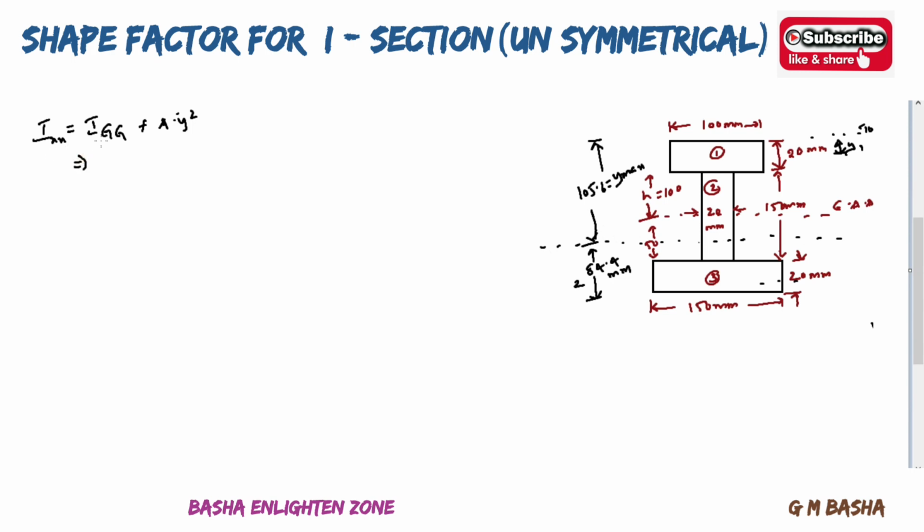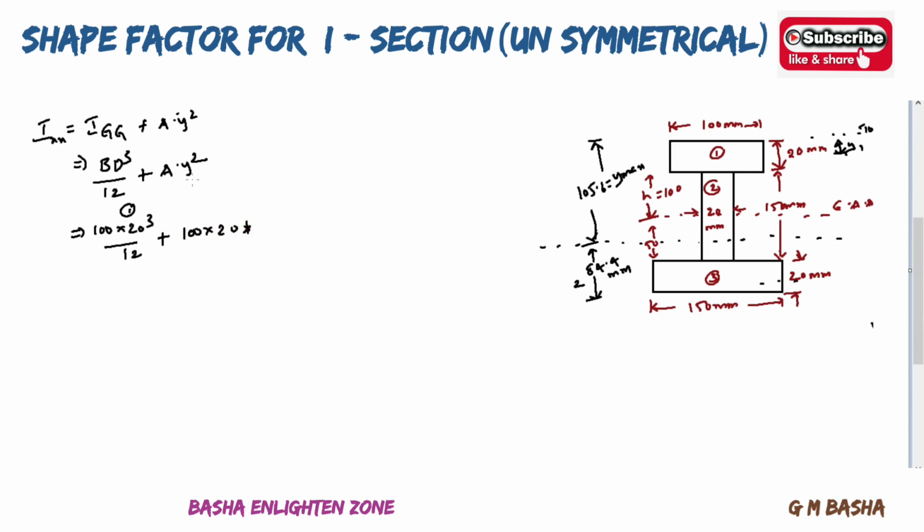So what is Igg? bd cube by 12 plus A into y square. First section: don't be confused here. 100 into 20 cube by 12 plus what is the area? 100 into 20, top section. And what is the distance?